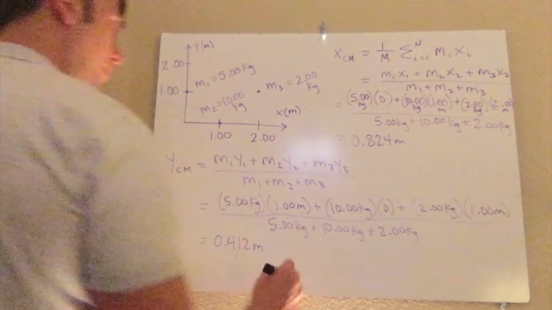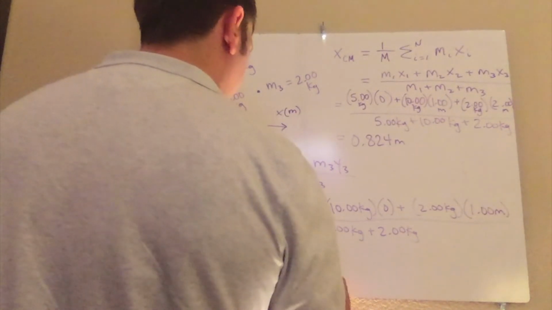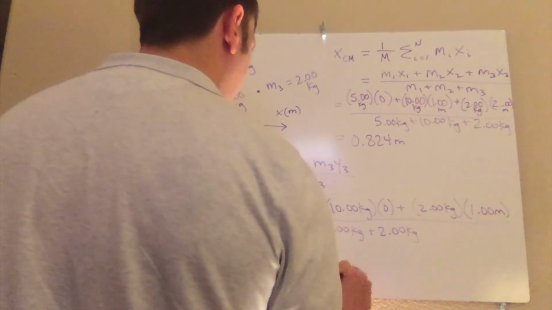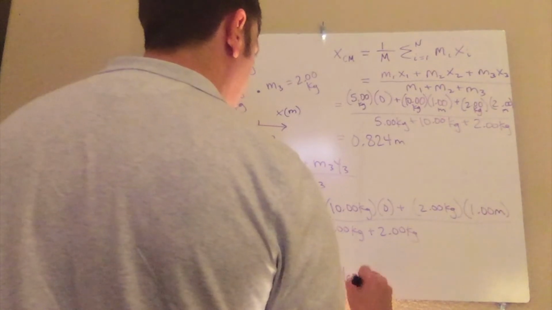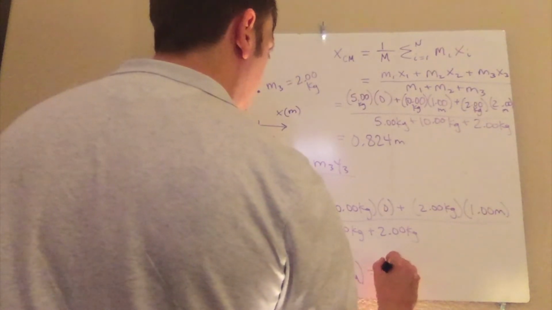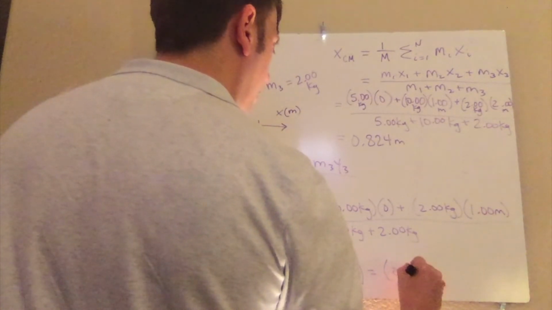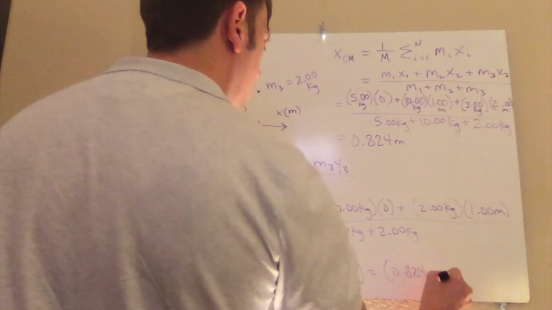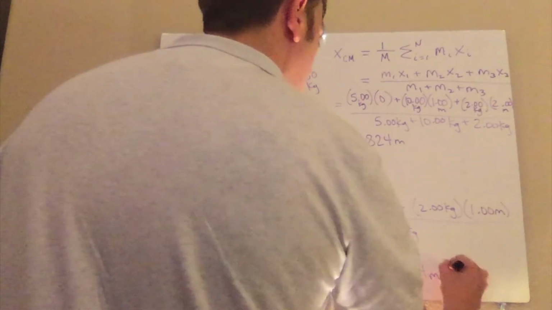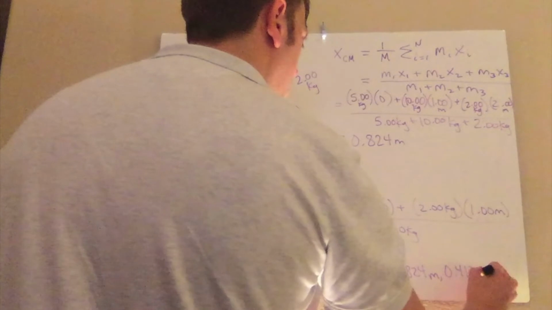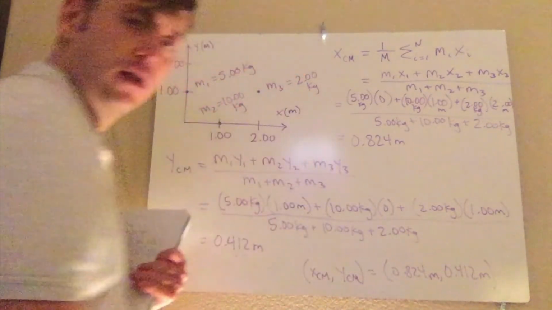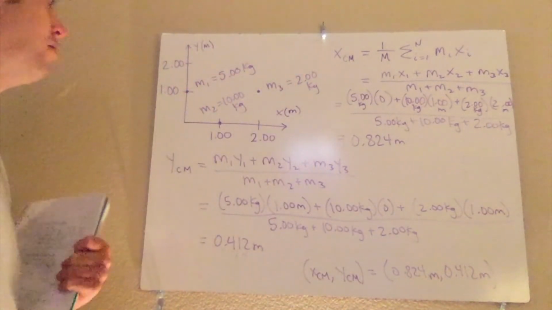Okay, so the center of mass, if we write it in xy coordinates, is located at 0.824 meters, comma, 0.412 meters. Let's try to roughly estimate where that is.